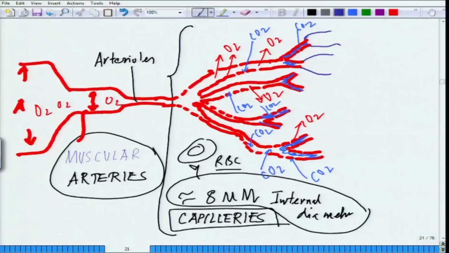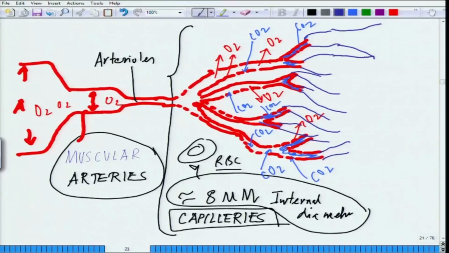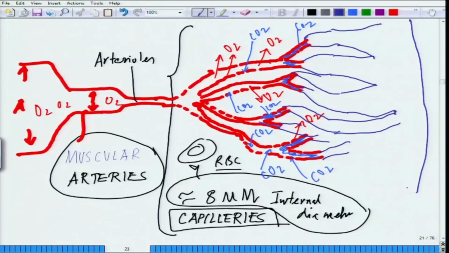These are the venules I am drawing now. These venules eventually lead to the bigger vessels, which are the veins. So these are where your CO2 rich blood is now traveling through.